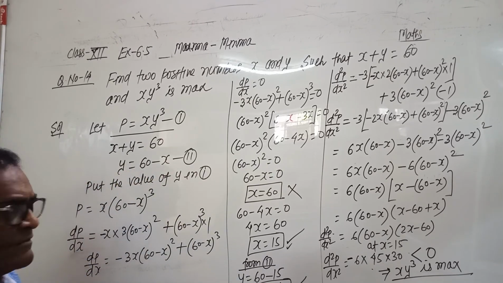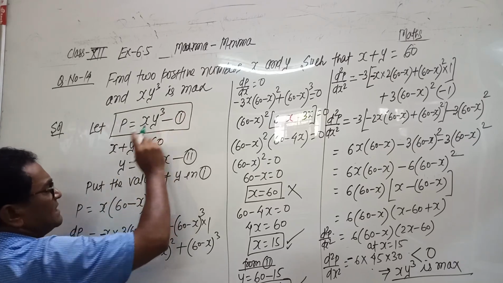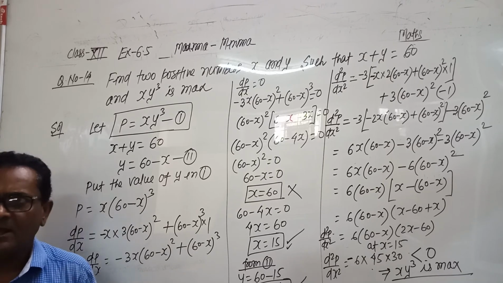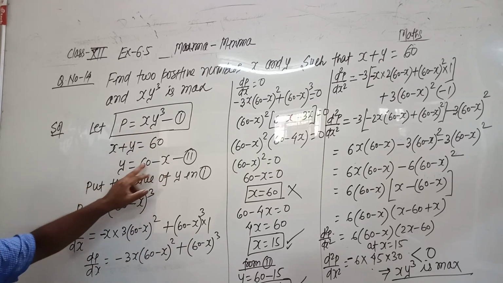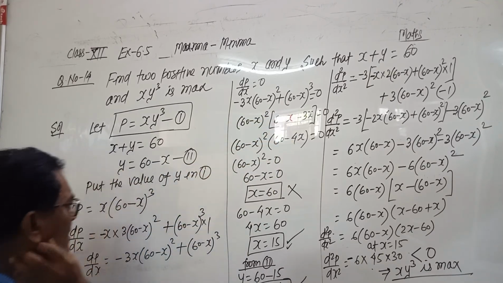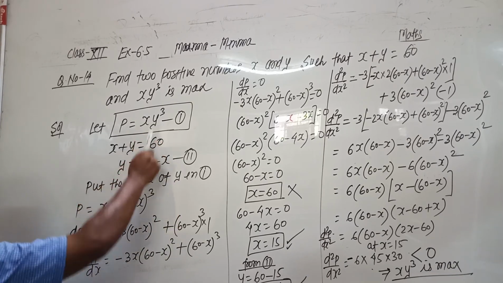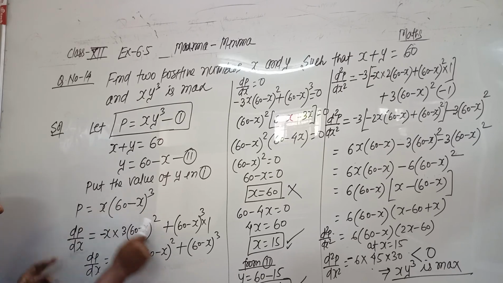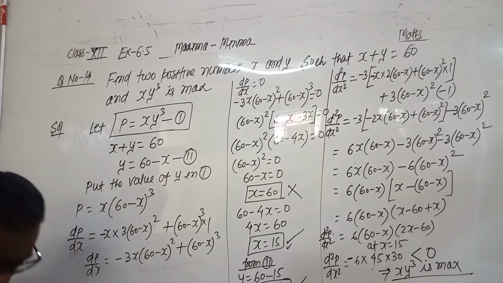We have to convert the function into one variable, either in terms of y or in terms of x. So we take y equals 60 minus x, and put the value of y in the first equation. So this function has been completely converted into variable x.